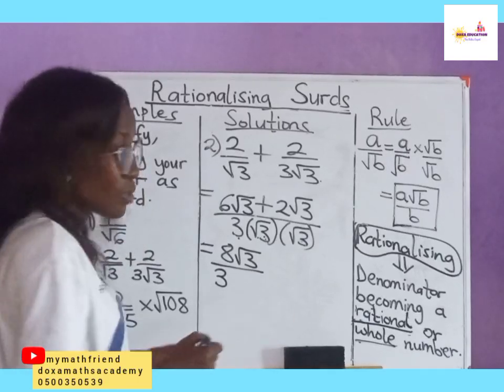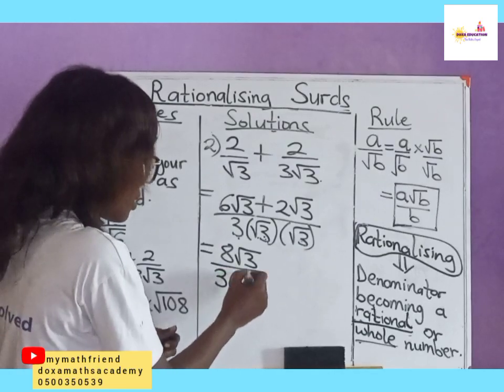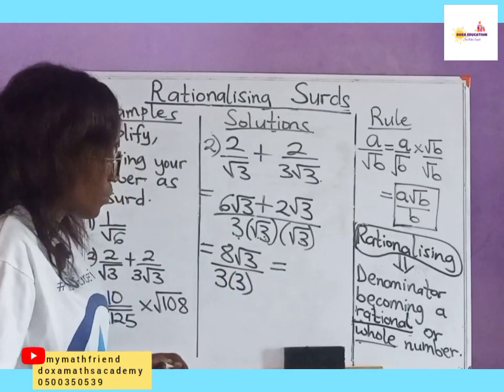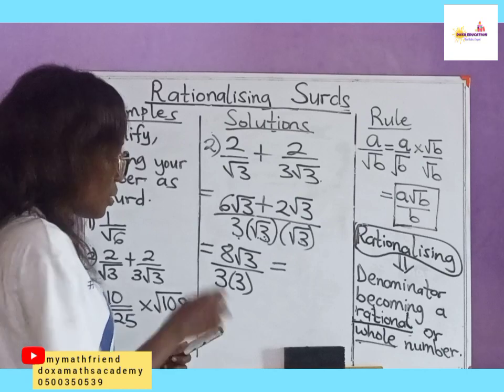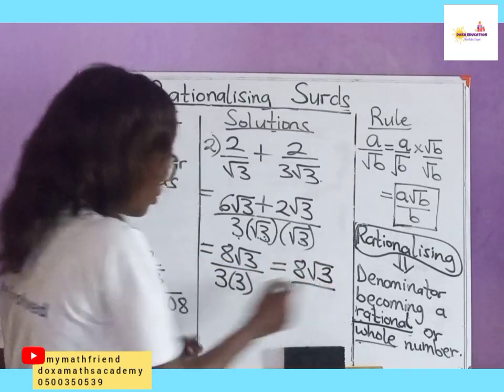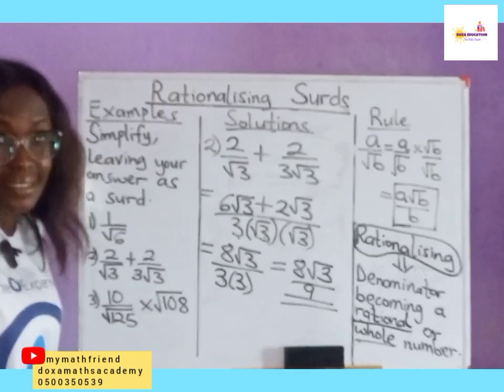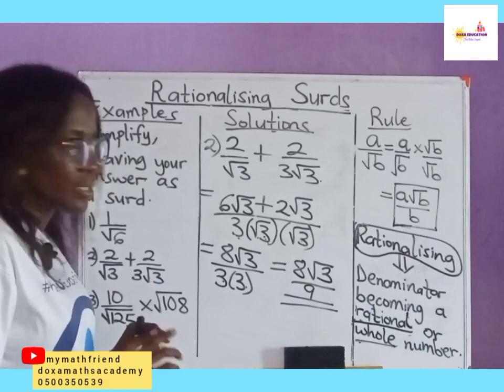There's a rule on multiplying surds, kindly follow it. So it's times 3. This becomes 8 root 3 over 3 times 3, which is 9. So this is the answer. Very simple.